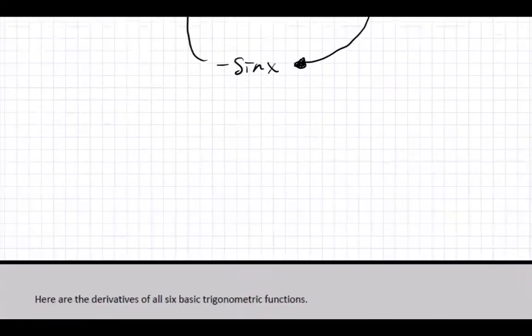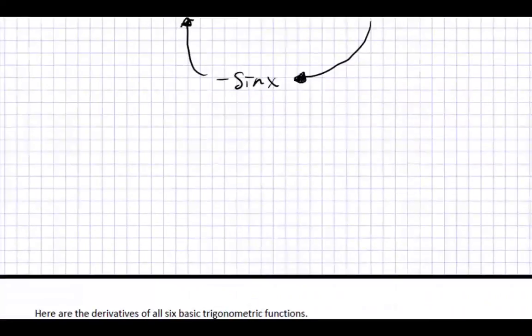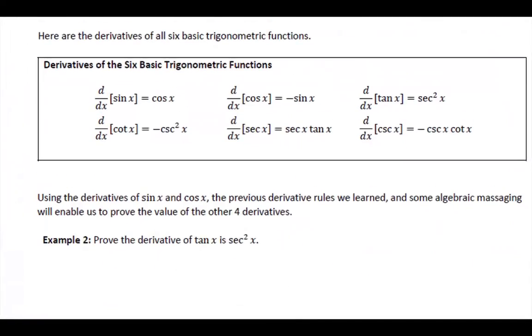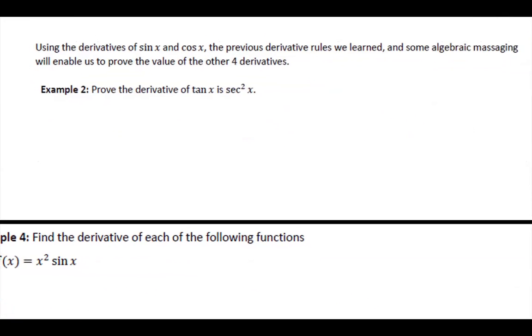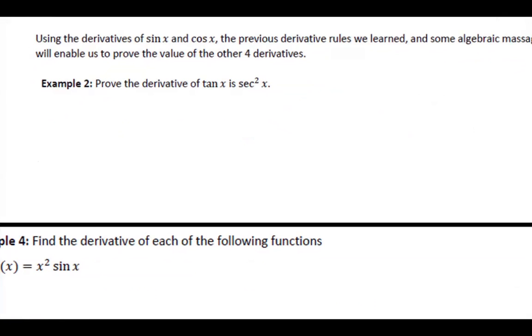Now I could do what I just did up here with all of those to prove it. But for sake of time, I'm not going to do all of those, but you could, to prove why it's that. So what we will do is prove the derivative of tangent is secant squared.